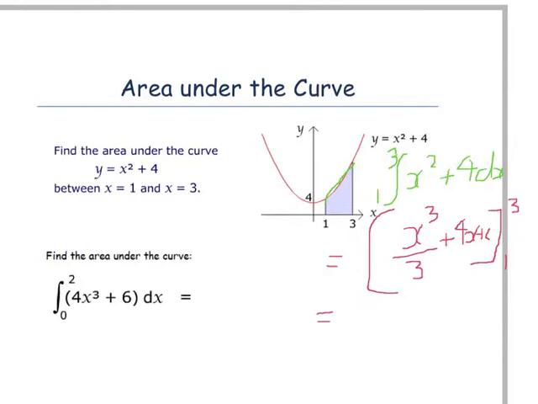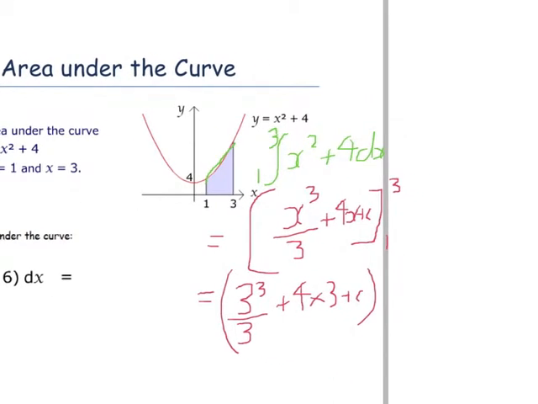Next, if we substitute in our two values, so we've got 3 cubed divided by 3 plus 4 lots of 3 plus the c, that's the first one. And to find the area, this is the thing you must remember, we're going to subtract the other one away.